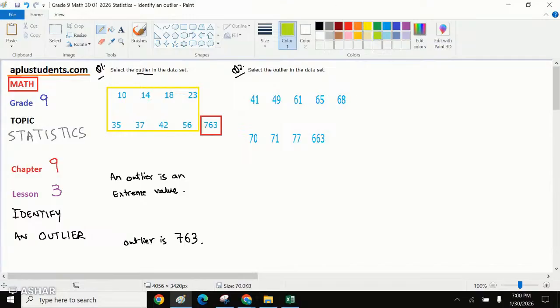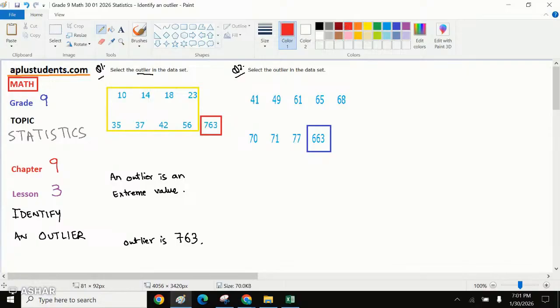So we can say that all these numbers are close to each other, except one number, that is 663. 663 is many hundredfold greater than the remaining numbers, right? It would have a 600 difference from an average number.